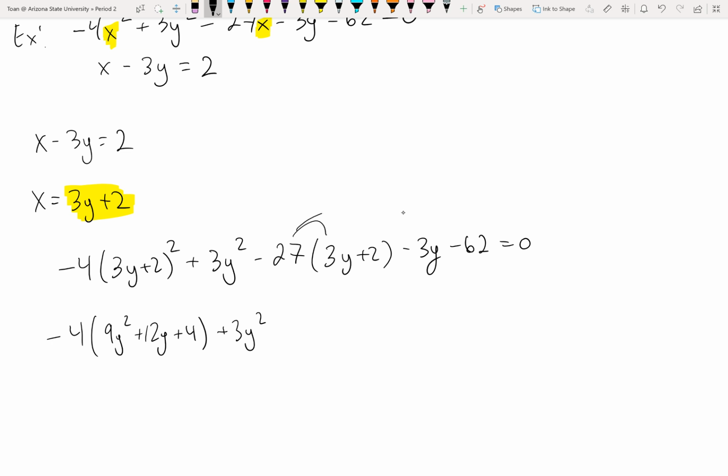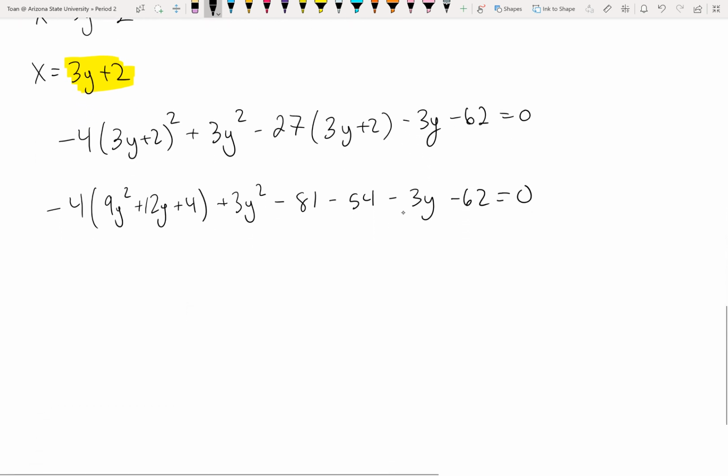So distribute the -27, you get a -81y minus 54 minus 3y minus 62 equals 0. So go ahead and distribute this -4. So we get -36y squared minus 48y minus 16.